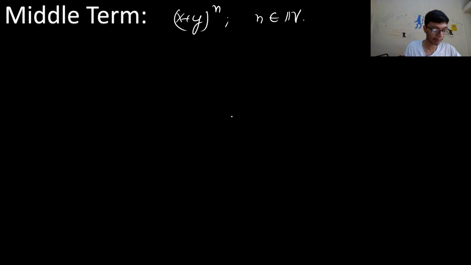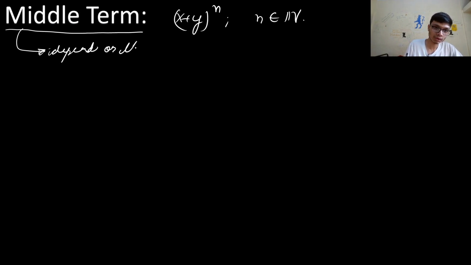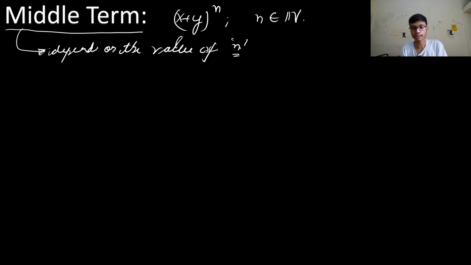If I have a binomial expansion (x plus y) to the power n and you have to find the middle term, the middle term will depend on the value of n, whether n is even or odd.